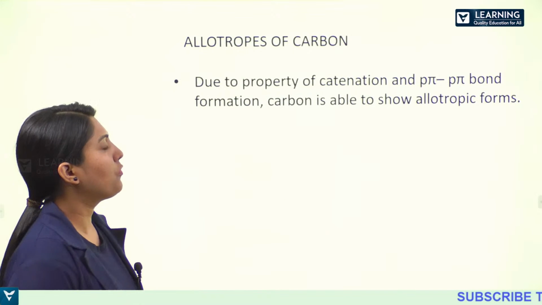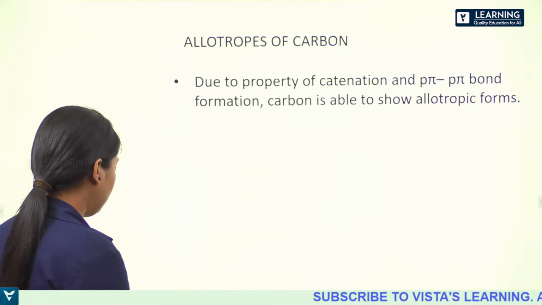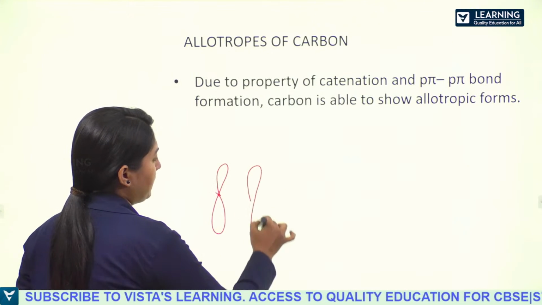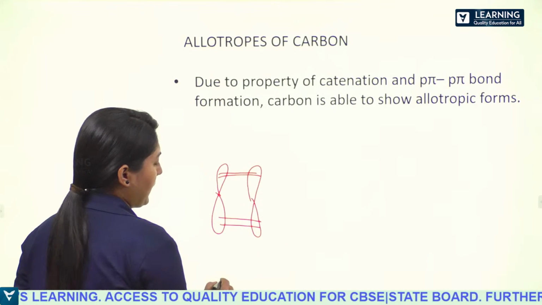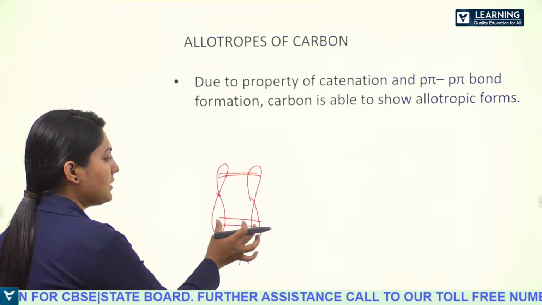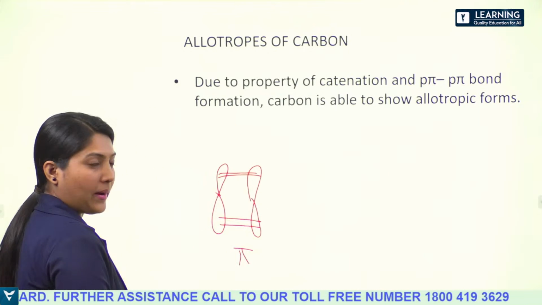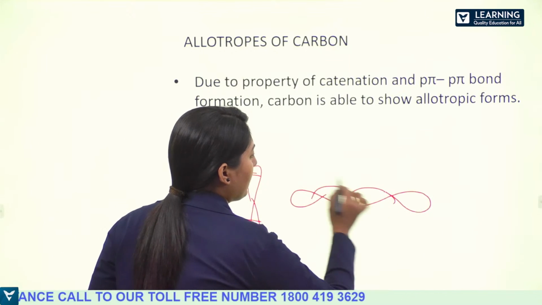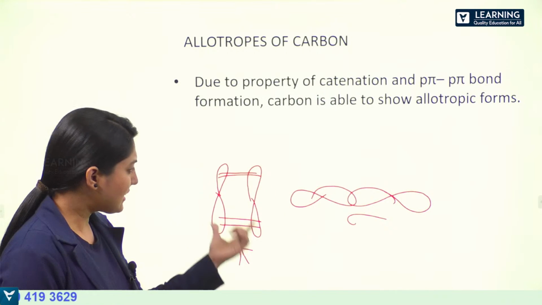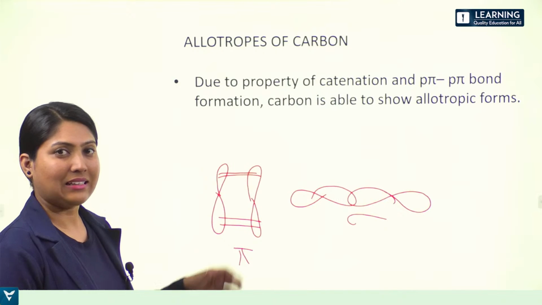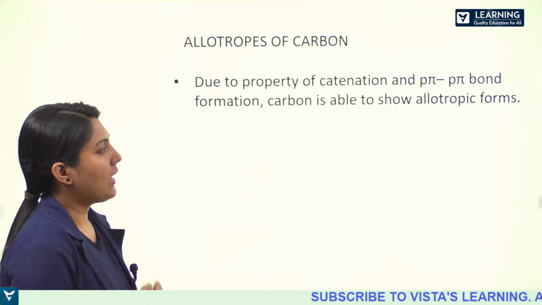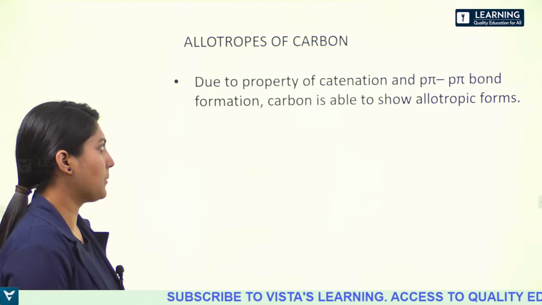Due to that presence of p pi formation, you will have the p orbitals, and they combine laterally to form a pi bond, whereas they can also combine head-on to form a sigma bond. So these are the 2 types of bonds, and that leads to the formation of allotropes. So carbon is able to show allotropic forms due to these properties.